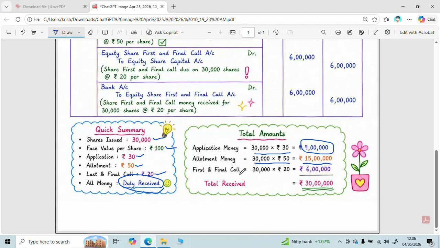And first and final call money, 30,000 equity shares at 20 rupees each, so 6 lakh rupees. The total amount of 30 lakhs is what the company wants to procure from the public. This is the brief summary of the problem.